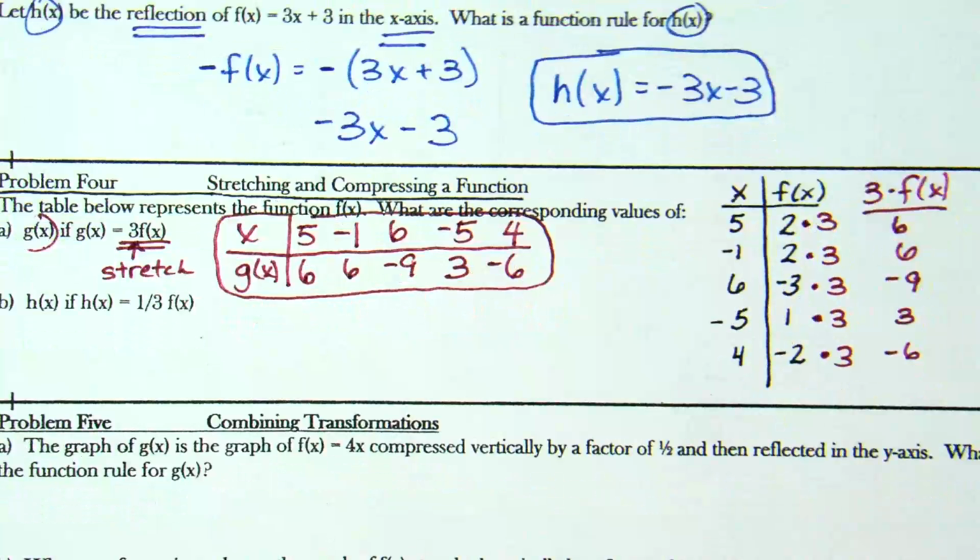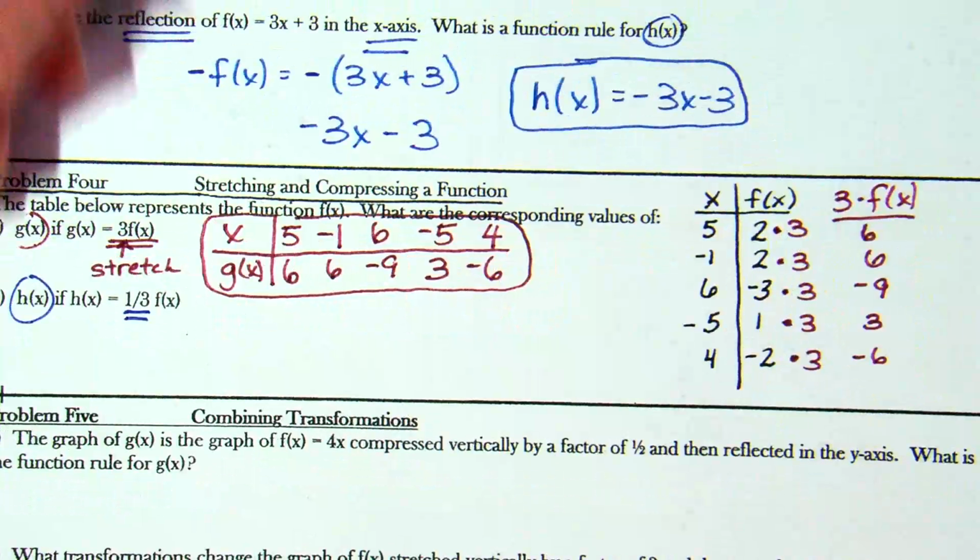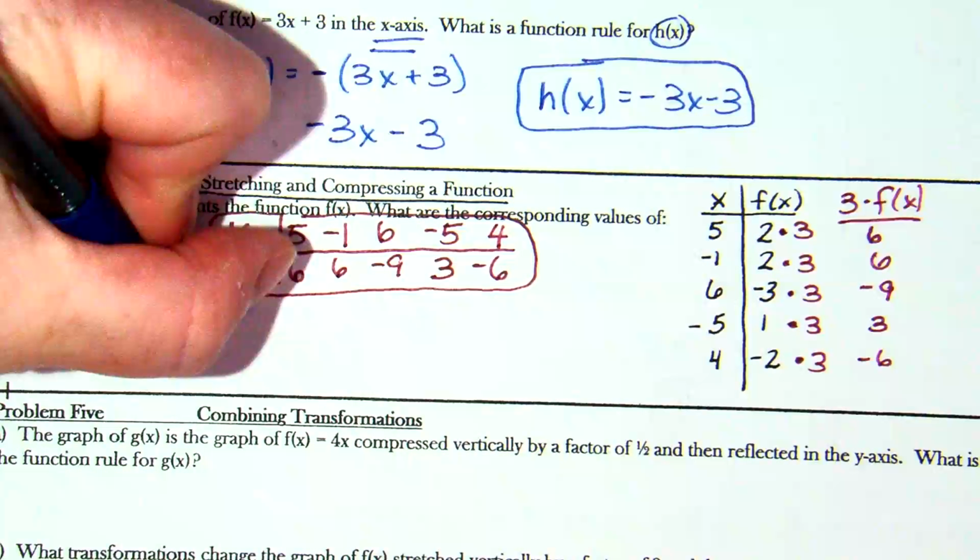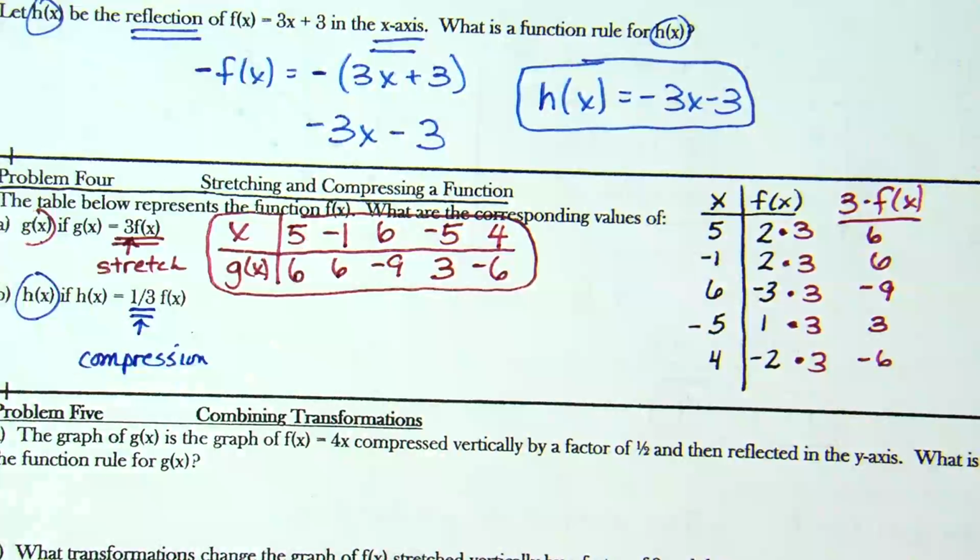Can we do the other one? What's the difference this time? They want us to call it h of x, and it's 1/3. What's 1/3? Okay. That is what we're going to call a compression. It's a number between 0 and 1.